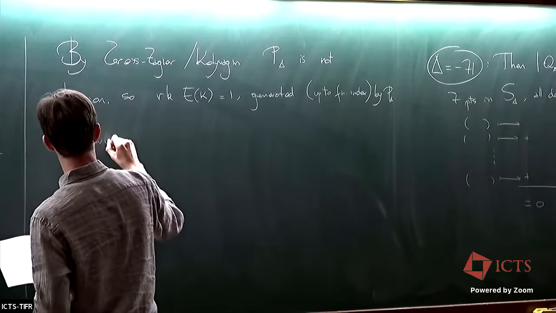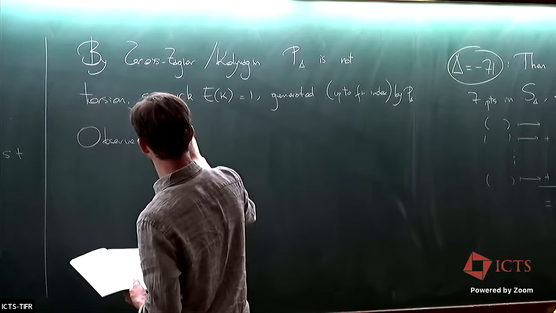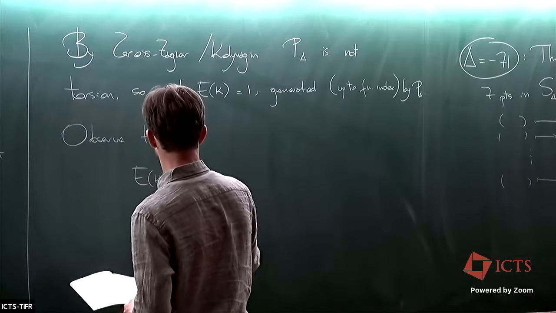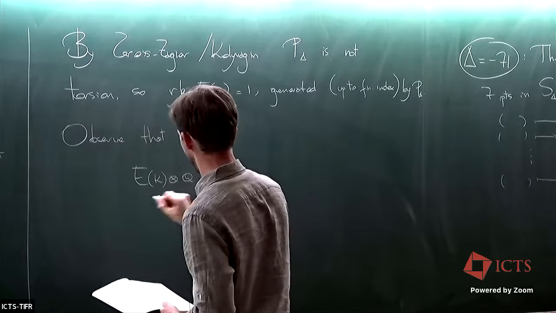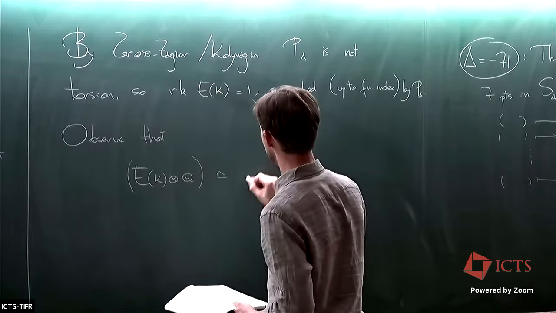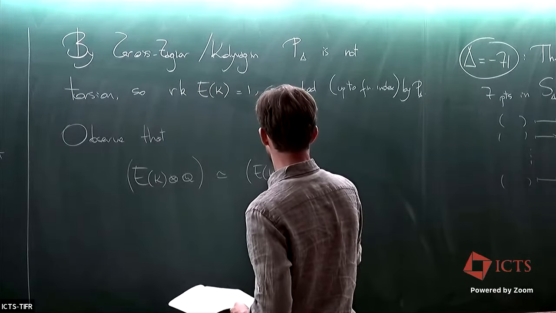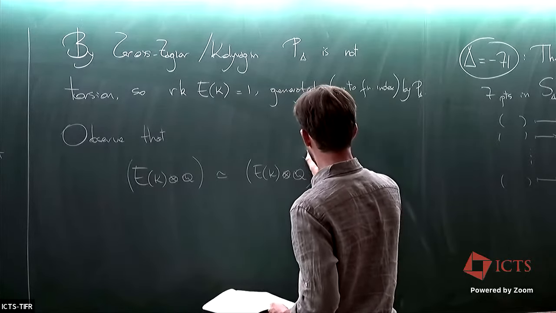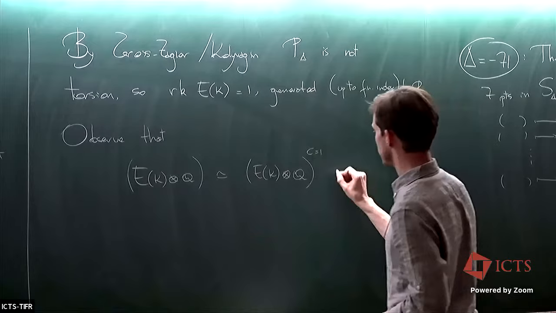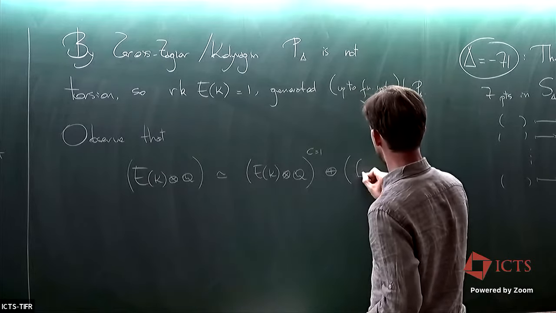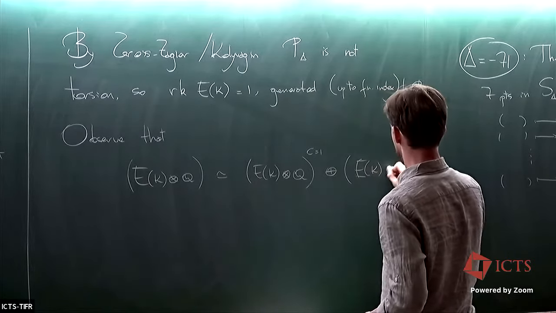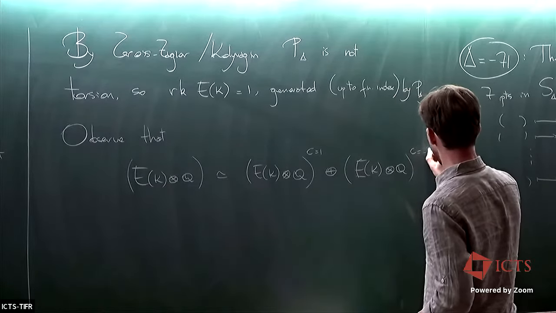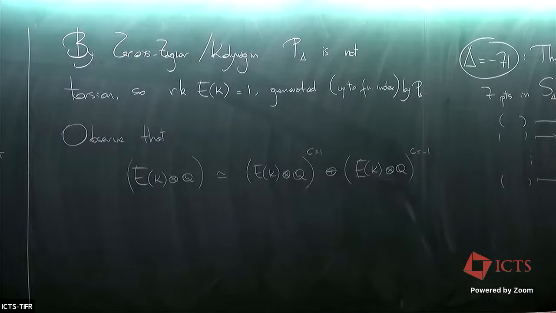So we're going to observe that, in fact, the space where it's a member of, if I tensor it up to Q, well, it's the same as the part of the Mordell-Weil group where complex conjugation acts trivially, and then the part of the Mordell-Weil group, tensor Q to avoid torsion issues, where complex conjugation acts by -1.